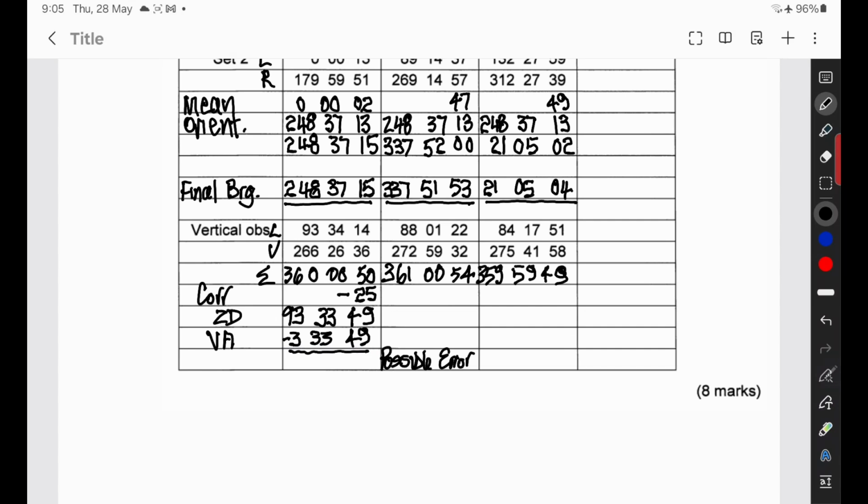Now this one here with a big red flag. So we've got 1 degree 54. So we would go minus 30 minutes 27. That seems a lot.